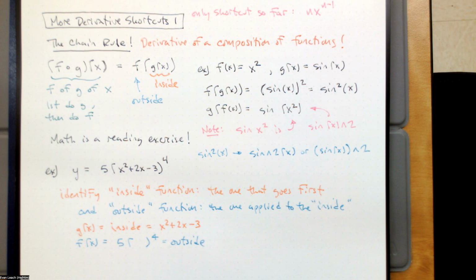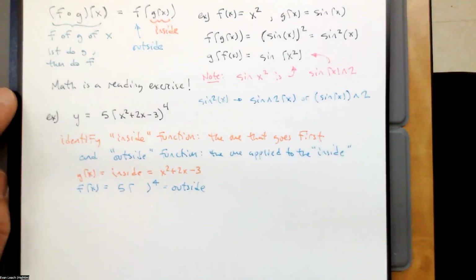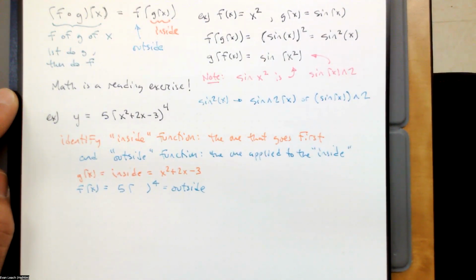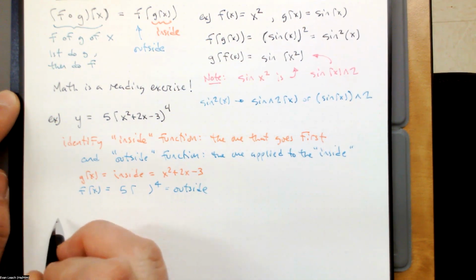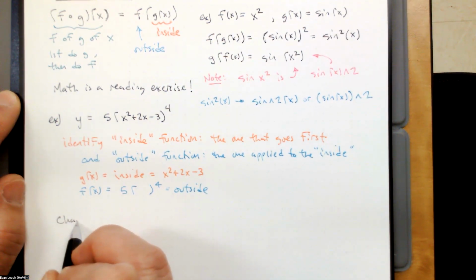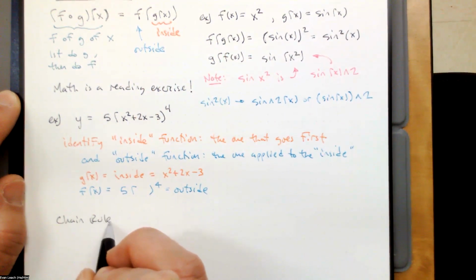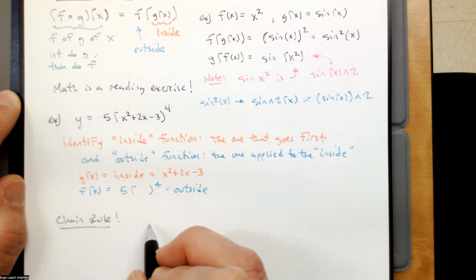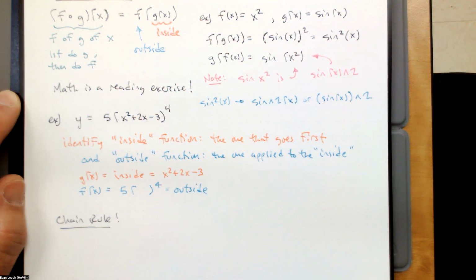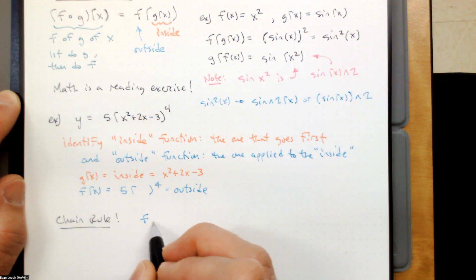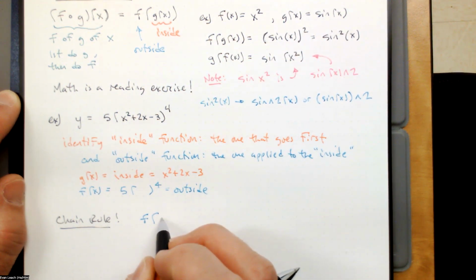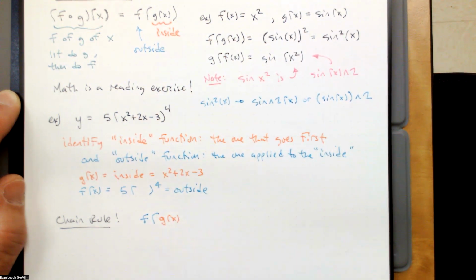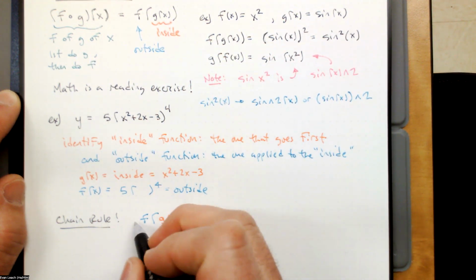Let's talk about the chain rule. This is how to take the derivative of a composition of functions. So what we want is the derivative of some f of g of x, and I want the derivative of this composition.